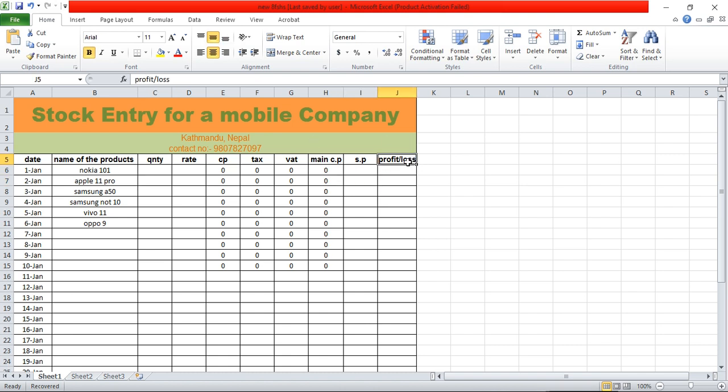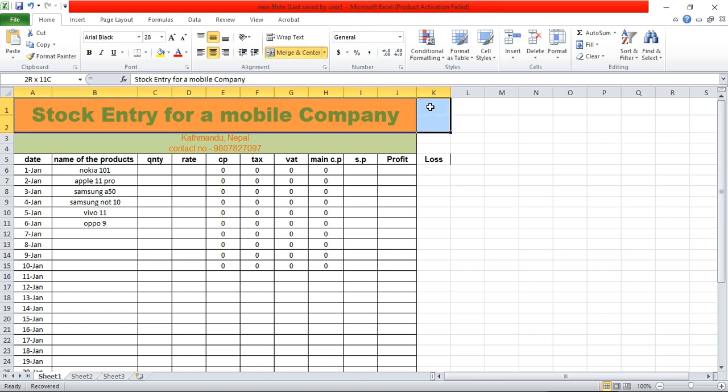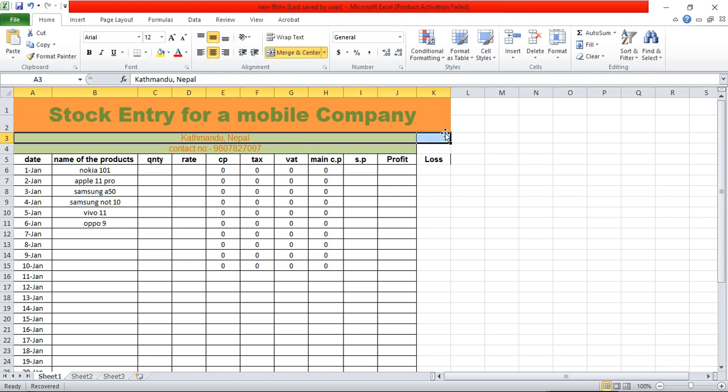Let me remove the loss and make it profit. Then after profit, the loss must be here, so we will increase this up to here, margin center, and increase our working area up to the destination.